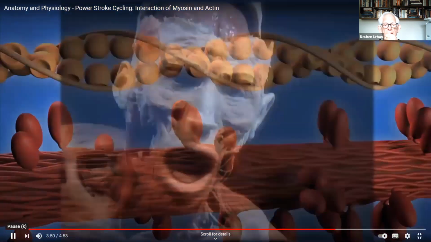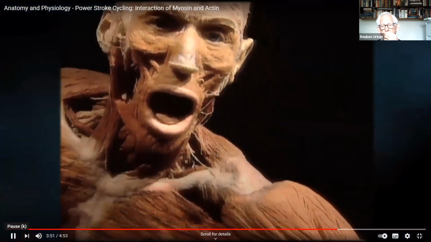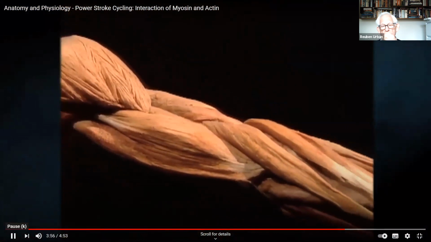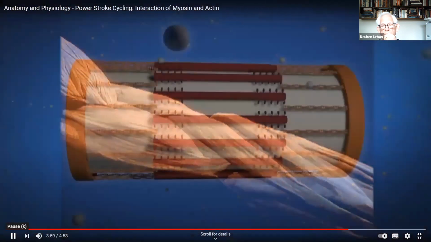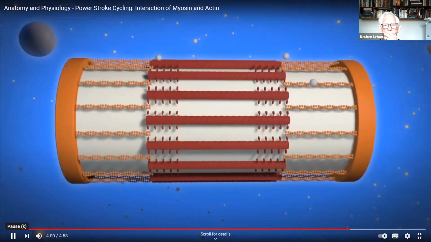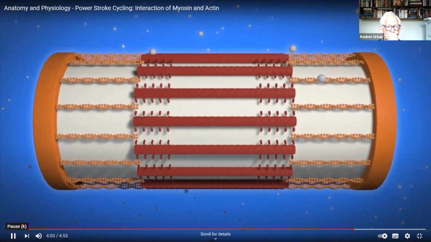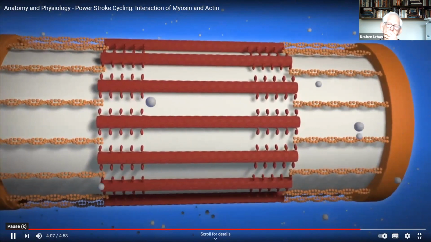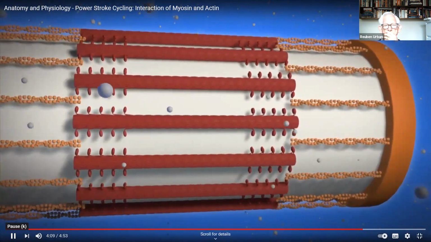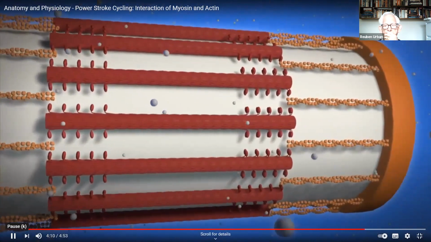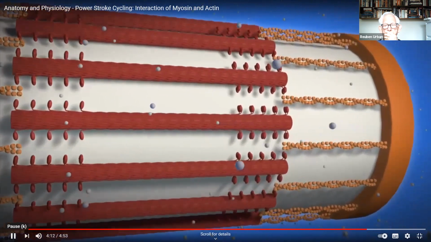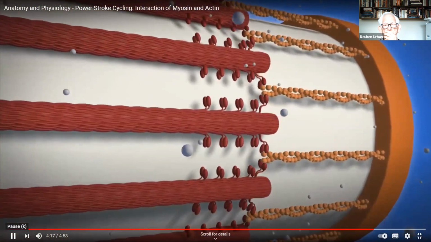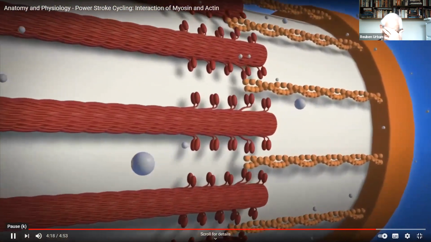It is interesting to note that since muscles store energy in their myosin heads, it is possible for muscles to contract even after death. This is the case of rigor mortis. Shortly after death, cytoplasmic levels of calcium increase due to an increase in permeability of the sarcoplasmic reticulum and the sarcolemma. This calcium influx will promote cross-bridge formation and trigger power stroke cycling.